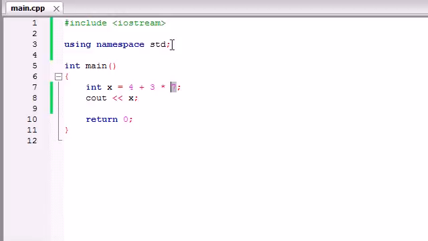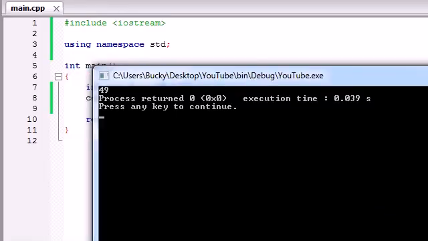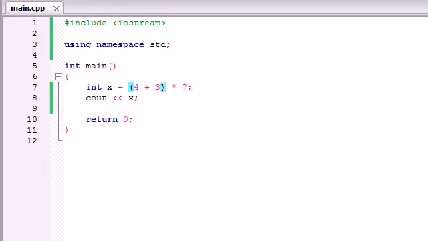Because it uses the associative property. It actually multiplies first, which is 7 times 3, and that's 21, plus 4, which is 25. So again, if you want to explicitly say 4 plus 3 first, you need to surround that in parentheses. So now whenever we build and run this, it's going to run your parentheses first and say, all right, 4 plus 3 equals 7 times 7 equals 49.